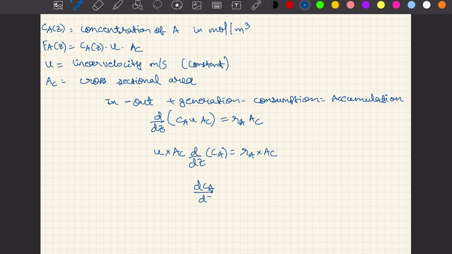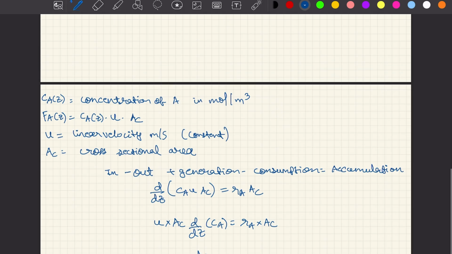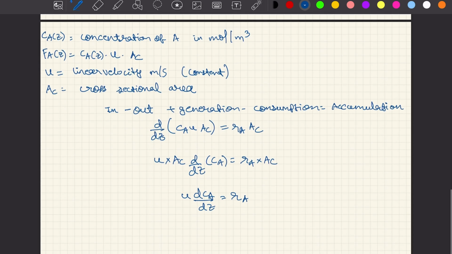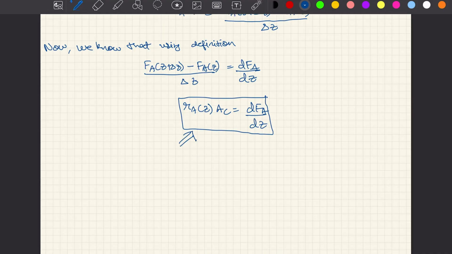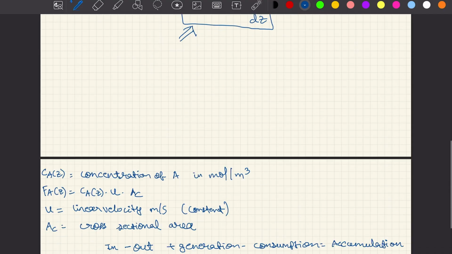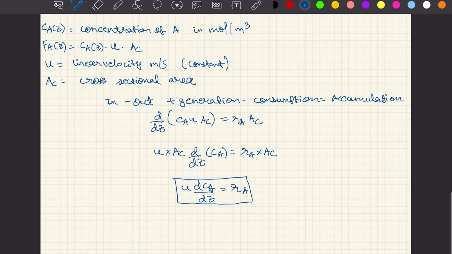And the final form of this equation will be something like this, where U into dCA by dz is equal to RA. According to the question given, we can use either this equation or this equation. The only difference being one is in terms of moles, another is in terms of concentration.